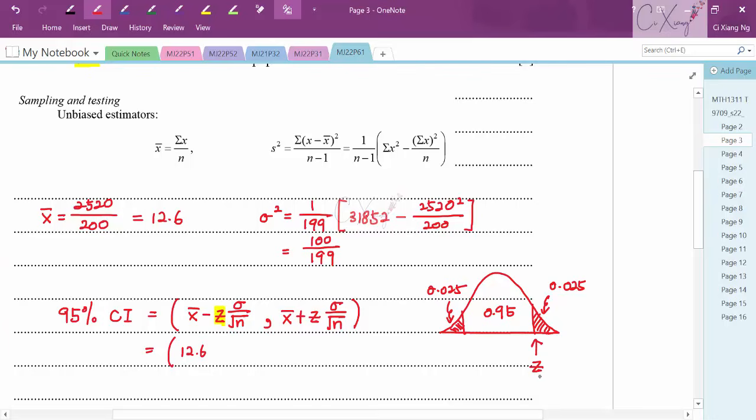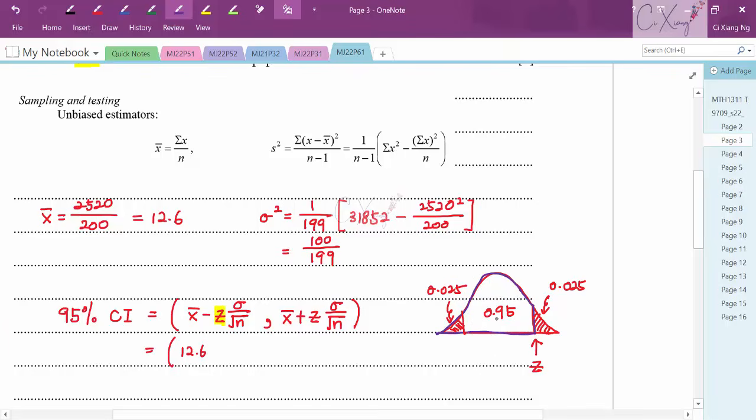To get the value of z, you have to refer to the value of z that has a probability of 0.975. You can see that this whole area, the purple one, is 0.975.